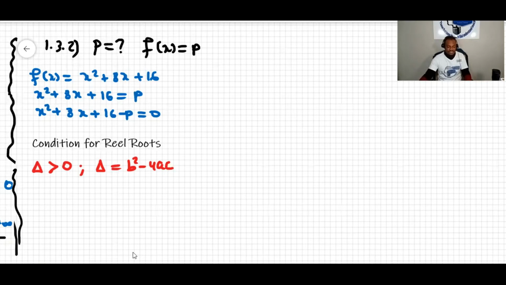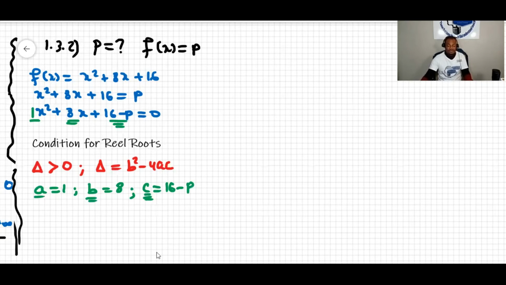So in this situation, I am going to work out the discriminant. Let's first identify the values of a, b, c. a is the coefficient of x squared, which is 1, and b is the coefficient of x, which is 8, and c is the constant term in the equation, which is 16 minus p.